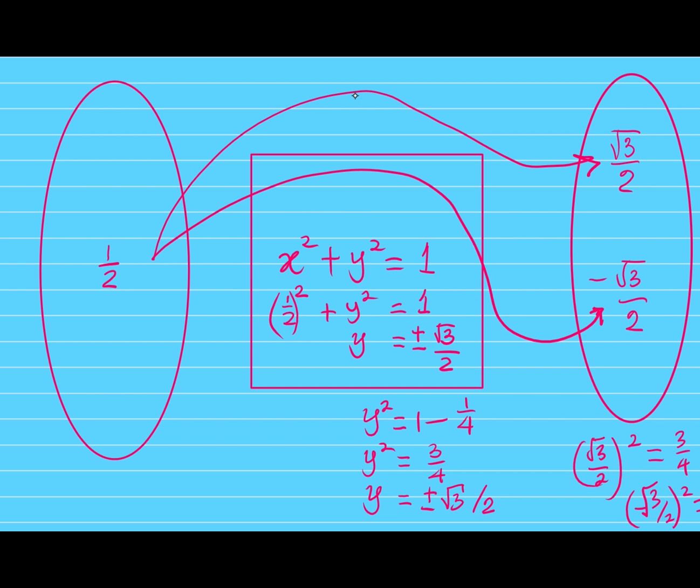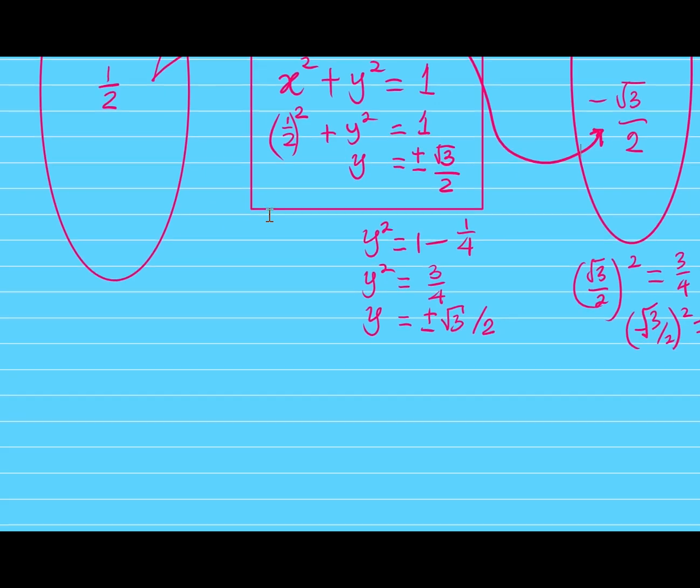Just something else that will help you to know if an engine is a function. Let me show you that quickly, and that will be the graph of x squared plus y squared equals 1. That's the unit circle. Just let me clear this a little bit and then plot the graph.